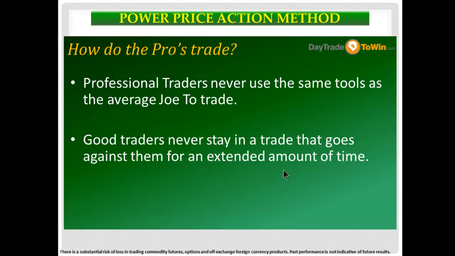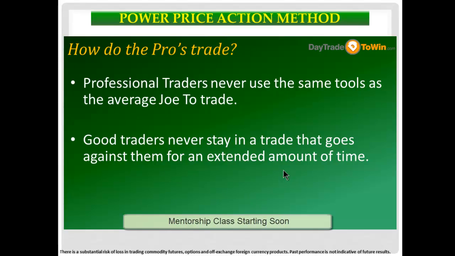Professional traders never use the same tools as the average Joe to trade. And so you'll never see the normal trader use anything other than what's typically out there. Moving averages, stochastics, MACDs.